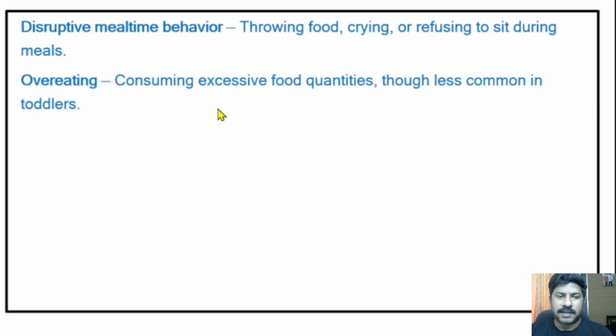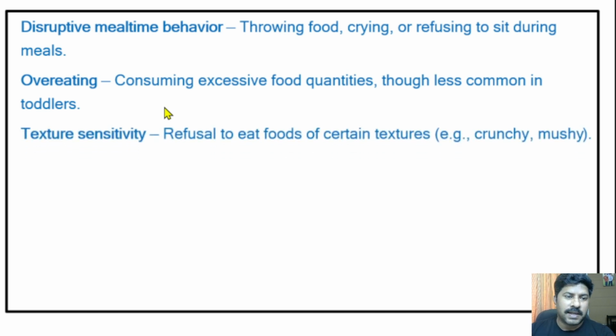Then overeating, consuming excessive food quantity. Even though it is less common in toddlers, it is also one of the problems. Then texture sensitivity, that is refusal to eat foods of certain textures, that may be crunchy or mushy. These kinds of foods the children may refuse.